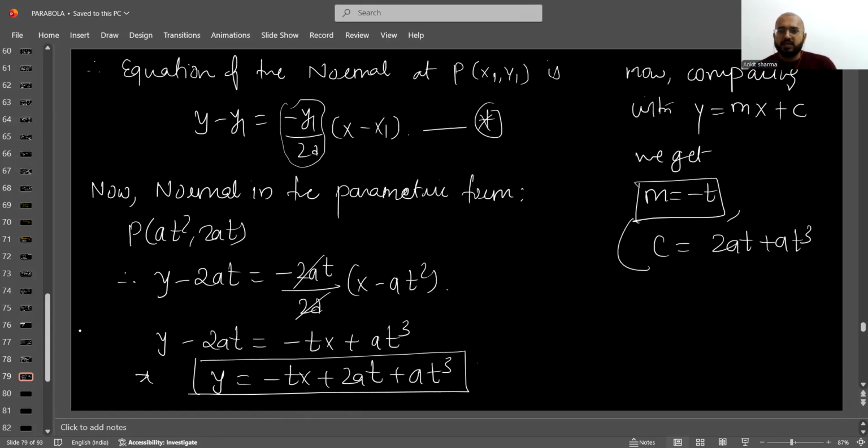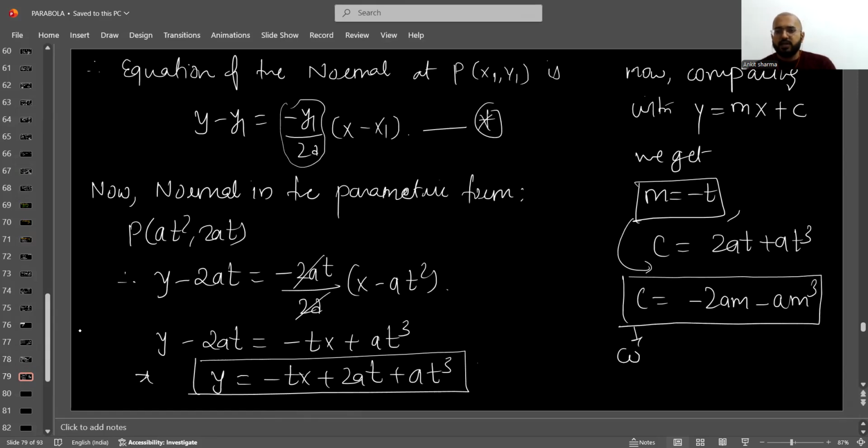If I substitute in terms of m, I'm going to have c is equal to minus 2am minus am cube. This right here is the condition for a line having slope m to be a normal.